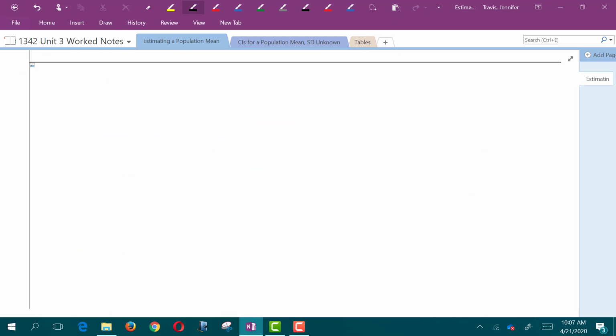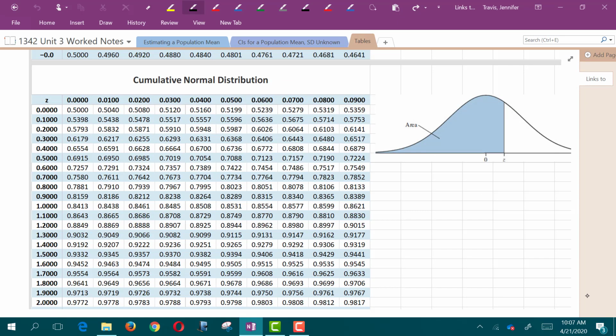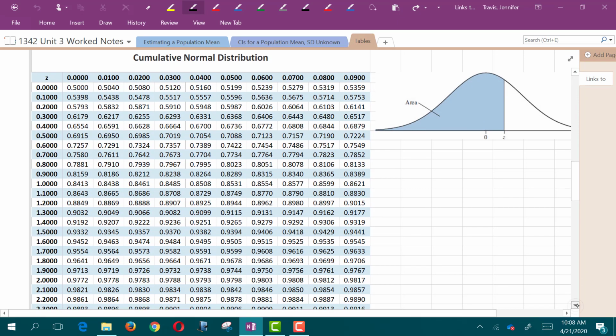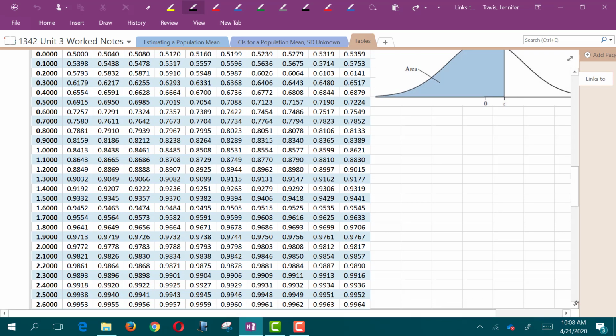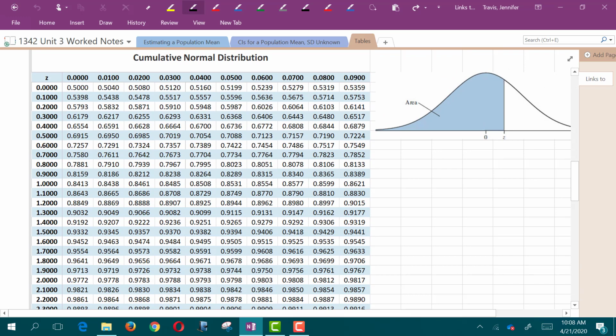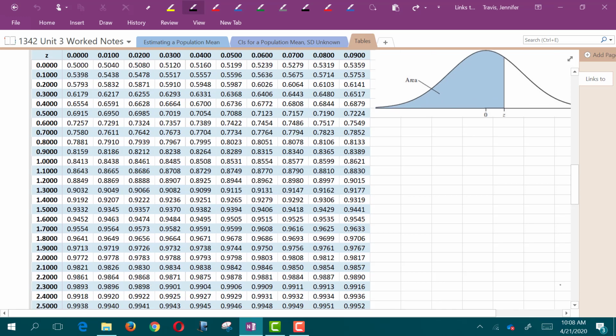Okay, so let me go back to my table. We want to look up area equals 0.975. These are the positive ones, the areas that are larger than 0.5. We're not looking down the left and right edges; we are looking in the body of the table. So 0.975, where is that?